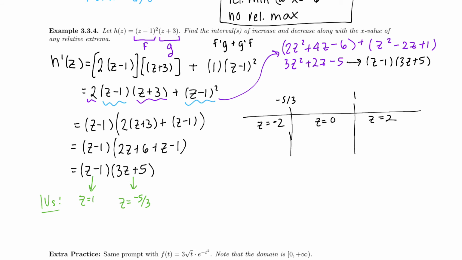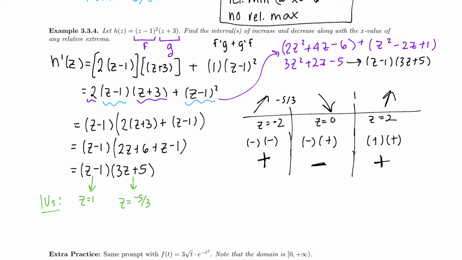So negative 2 minus 1 is negative. Negative 6 plus 5 is negative. Two negatives make a positive. 0 minus 1 is negative. 0 plus 5 is positive. So that'll be negative. 2 minus 1 is positive. 6 plus 5 is positive. Two positives make a positive. So we have increasing, decreasing, increasing.